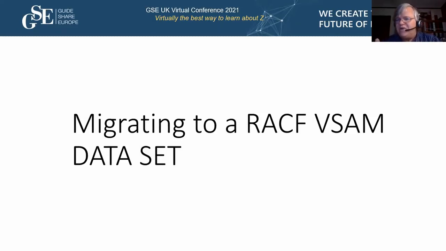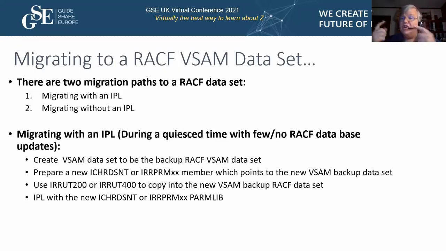So now we'll just talk a little bit about the process of moving to that VSAM data set. There are, in my mind, two ways of doing this: with an IPL or without an IPL. Now, in a single system, that's not necessarily a big consideration, because single, non-shared RACF databases tend to be test systems, over which you have a fair amount of control, and my experience has been it's a little bit easier to schedule a Plex-wide IPL for those, because the Plex is only one system and it's usually a development kind of environment.